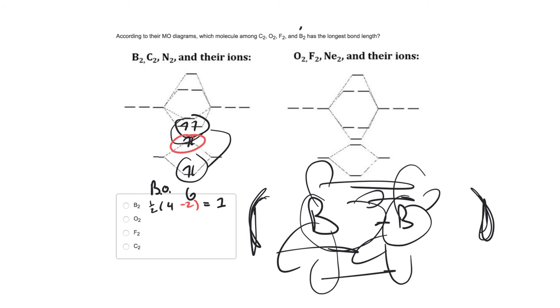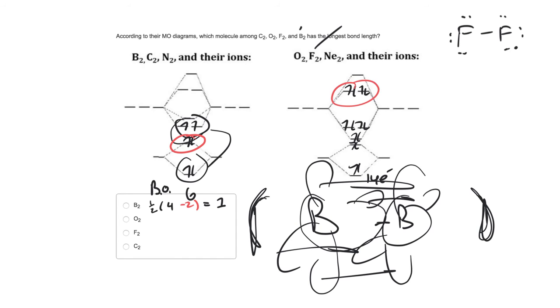Let's actually do F2 next, because I know F2 has a single bond. From a Lewis structure, it looks something kind of like this. We can reinforce this Lewis structure when we put 14 electrons in, 7 times 2, so 2, 4, 6, 8, 10, 12, and then 14.